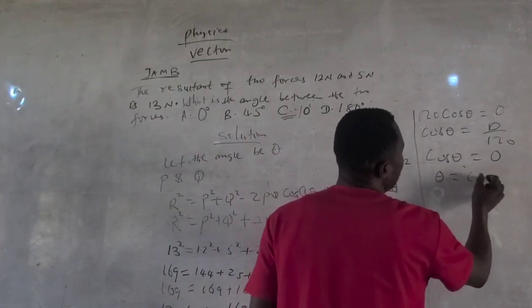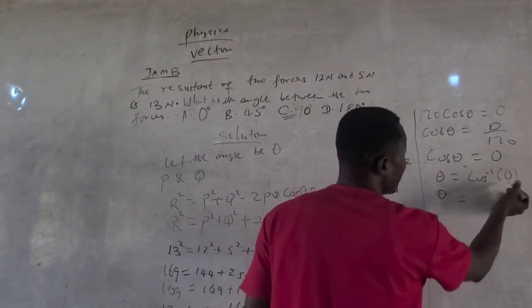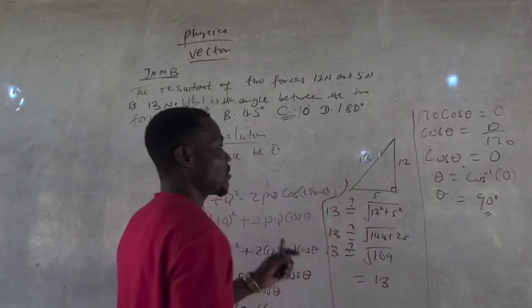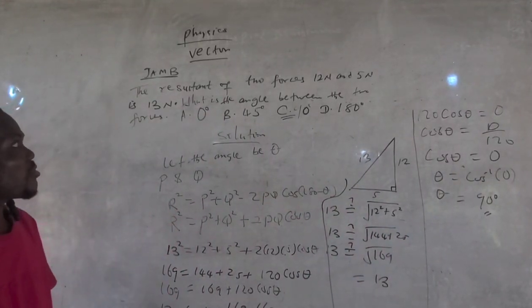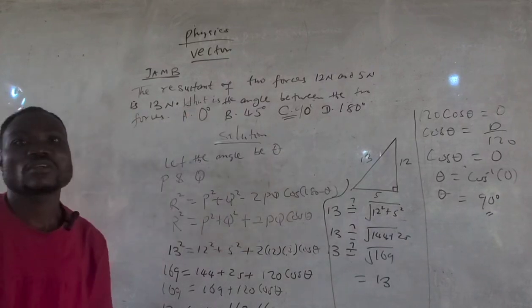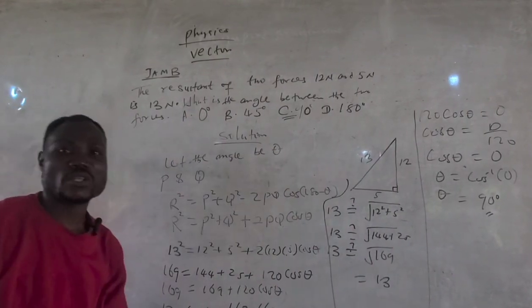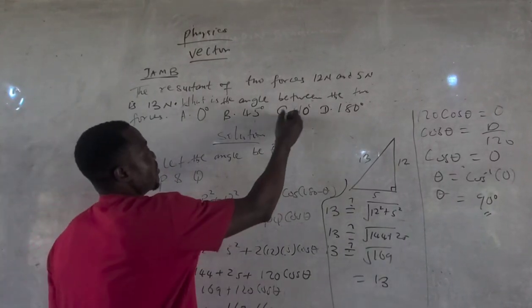Theta equals cos inverse of 0, which is 90 degrees. So you have the same result: the angle between them is 90 degrees. If you solve by inspection, you still get 90, and if you solve using the cosine rule, you also get 90. So our correct answer is there.